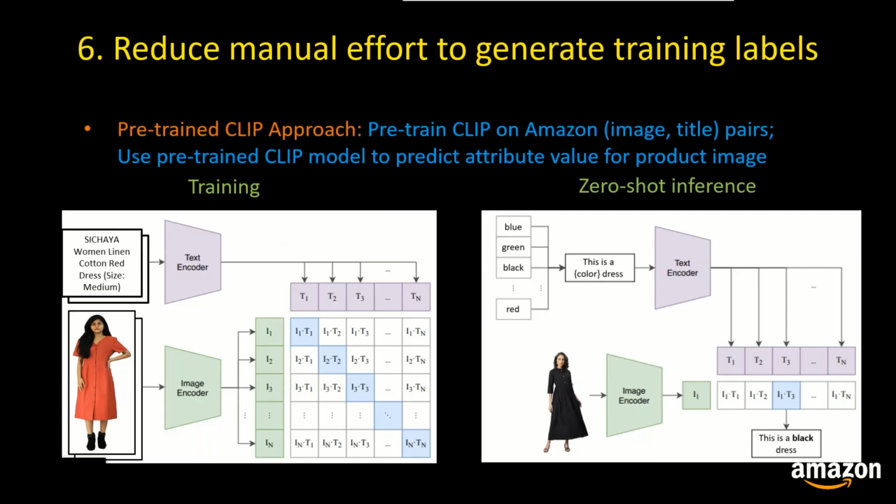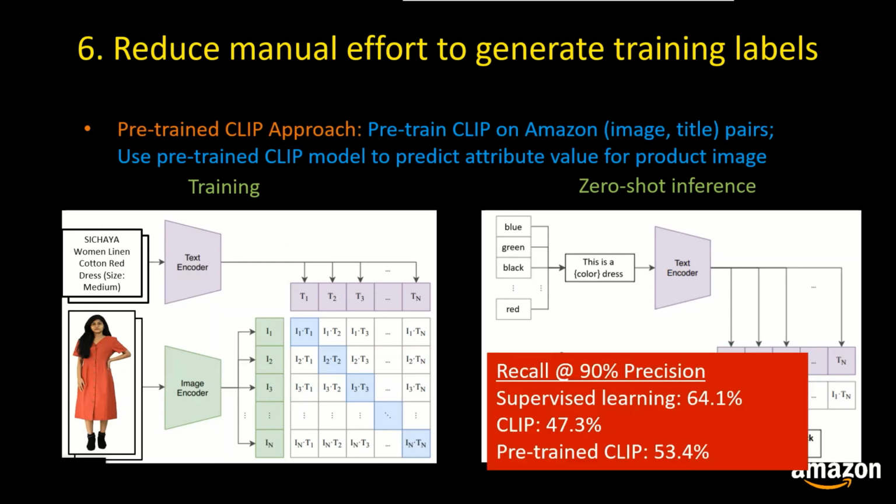Moving to the next slide, we will look to fix that. Since CLIP is used to predict attribute values for product images, we additionally pre-train CLIP on product image-title pairs from the Amazon catalog. Next slide. You can see that there is a bump in recall here at 90% precision.